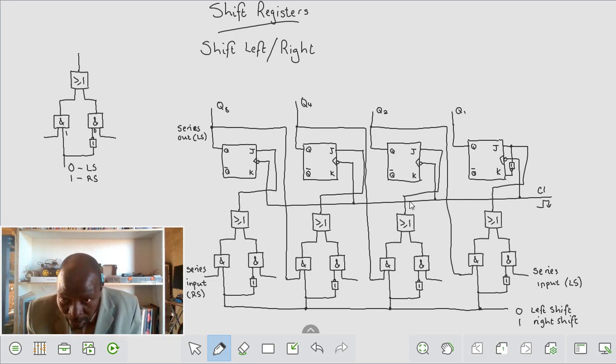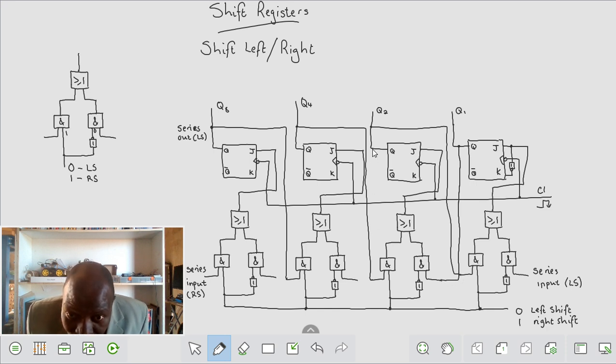But we could have been going left, in which case that there comes out and feeds the next one. That there comes out and feeds the next one, which is on the same line here.